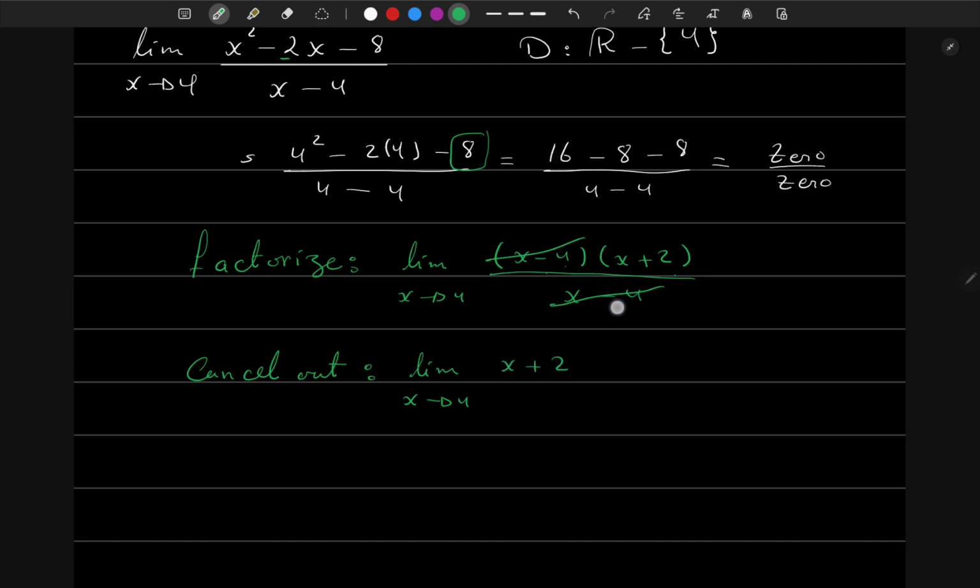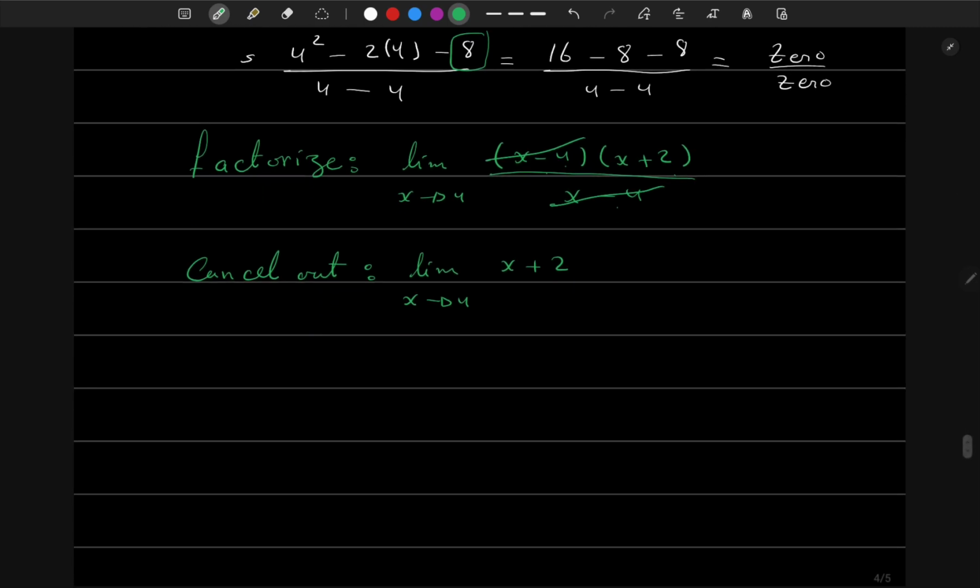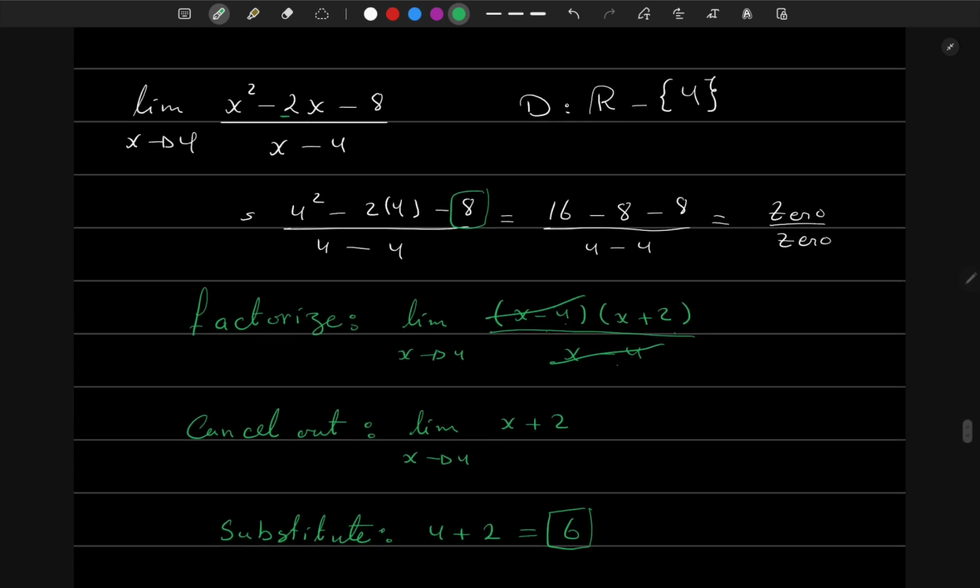X minus 4 now is cancelled with the other x minus 4. The third step, which is the final, substitute. Now I can easily substitute this function by 4. So it becomes 4 plus 2, which equals 6, and so I have found the limit for this function.